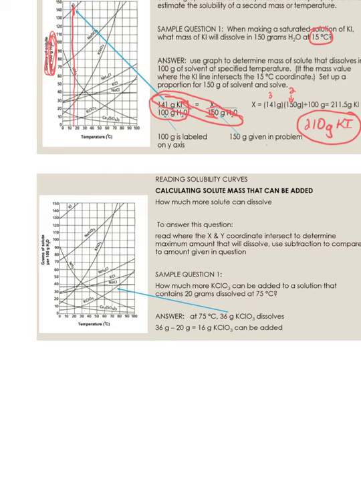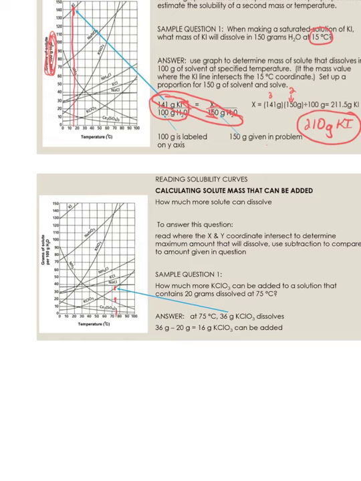So they're saying how much more KClO3 can be added to a solution that contains 20 grams dissolved at 75. So at 75 degrees Celsius, here's 75, they're saying 20 grams are dissolved at 75 degrees Celsius. So 20 grams dissolved is right here, 20 grams. And you know, here's the line.